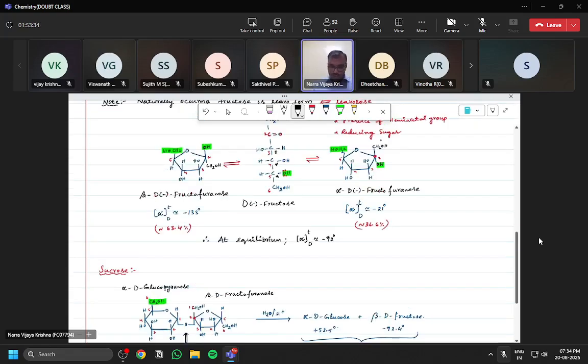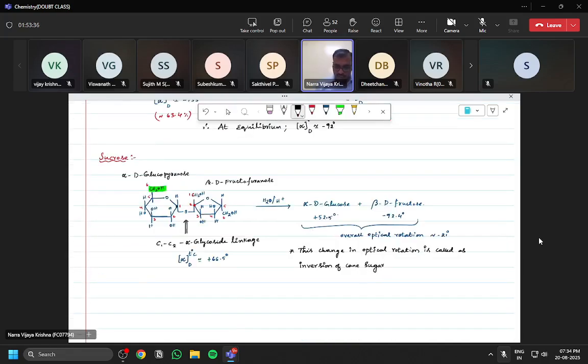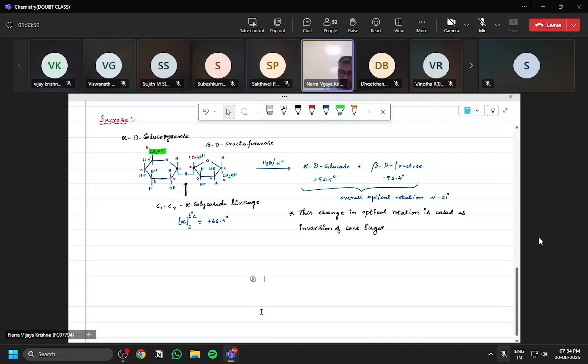In sucrose, the glucose hemiacetal group and the fructose hemiacetal group got connected, which means that OH group is not free. Correct? If that OH group is not free, is it a reducing sugar or non-reducing sugar? Non-reducing. So there is no free hemiacetal group, right? That's why sucrose is a non-reducing sugar.